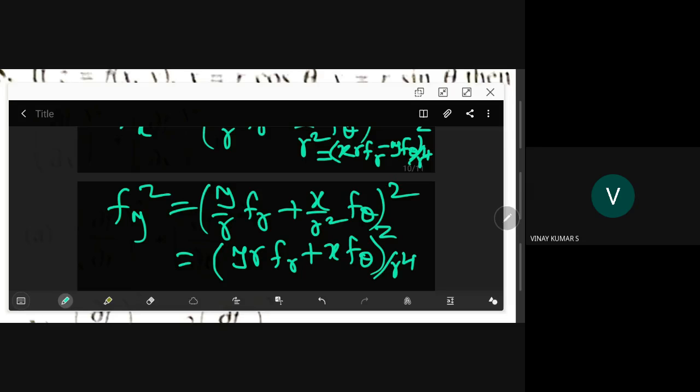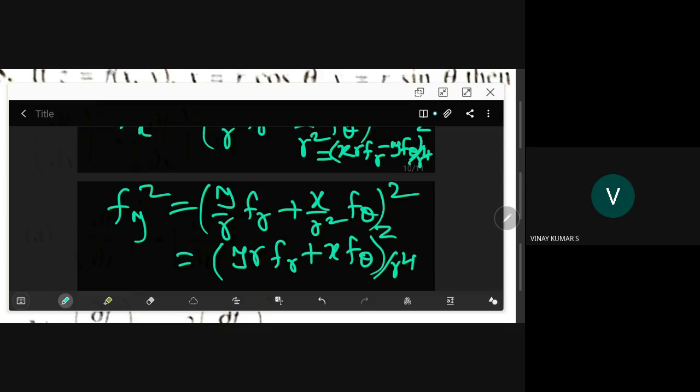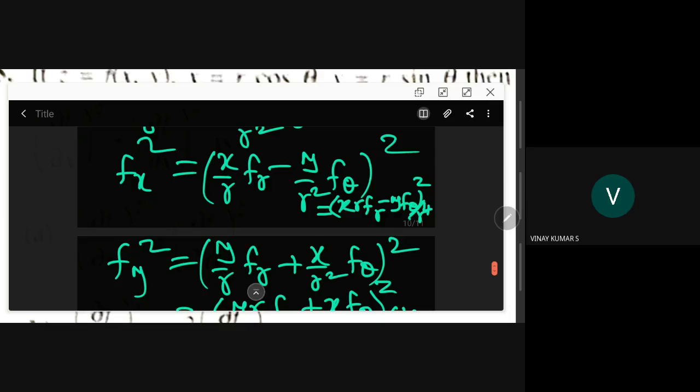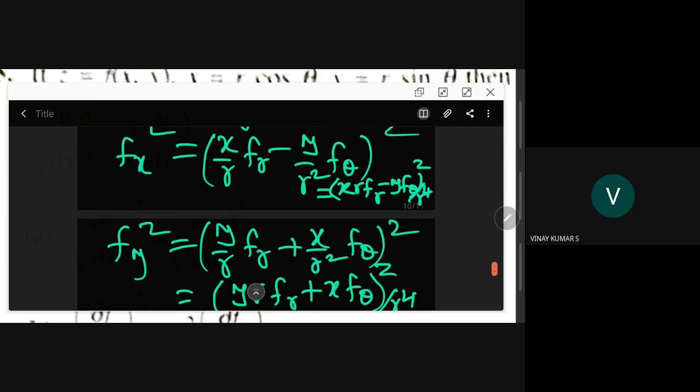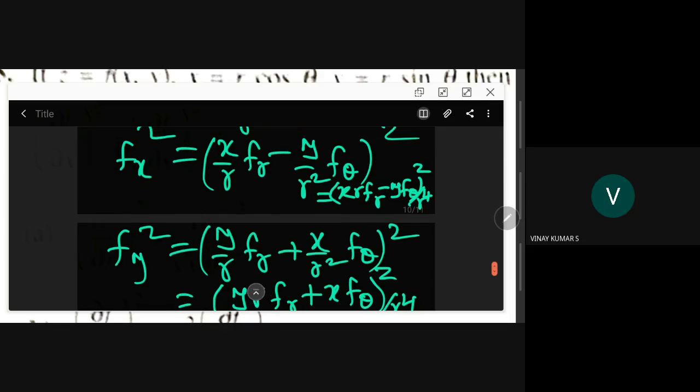So now we need to calculate the sum of these two squares. If you take the sum, what will we get?